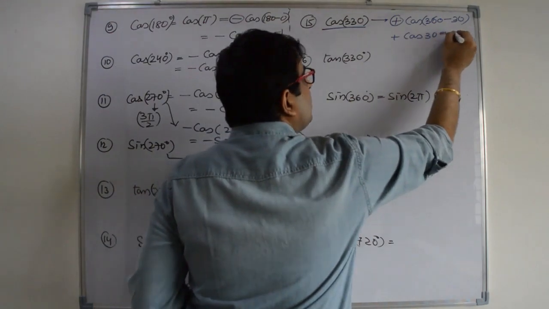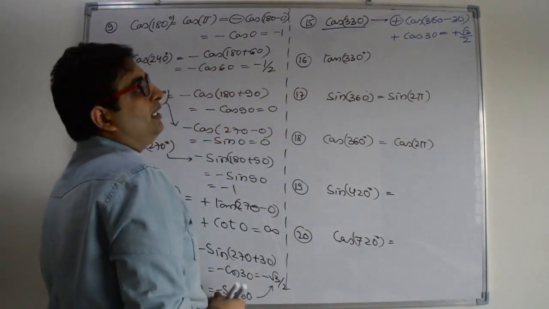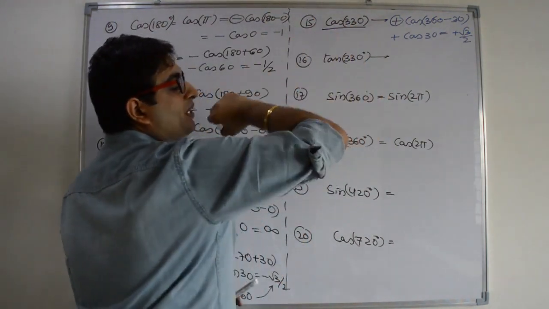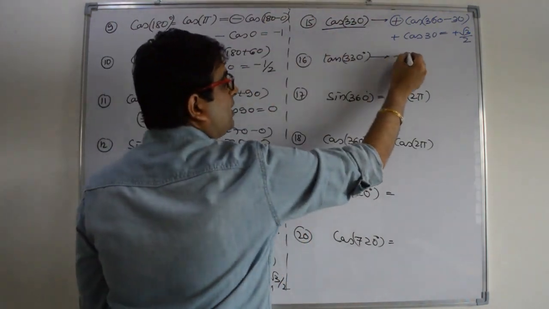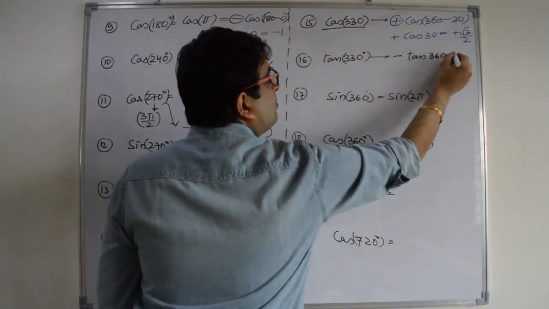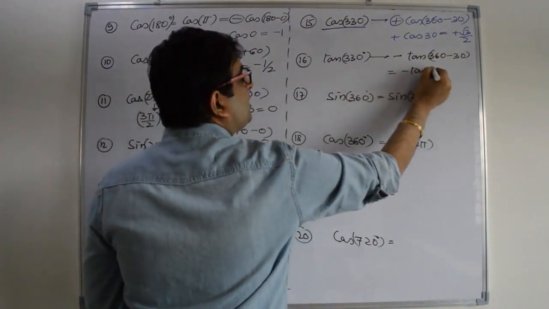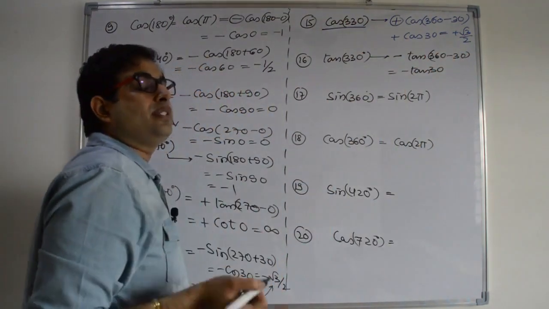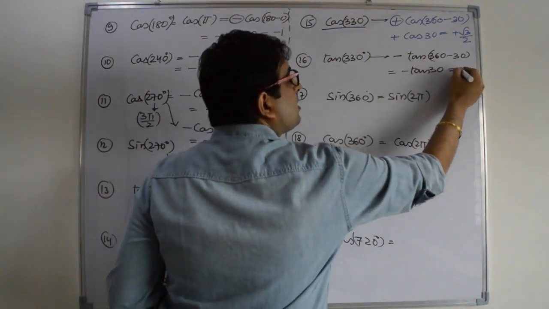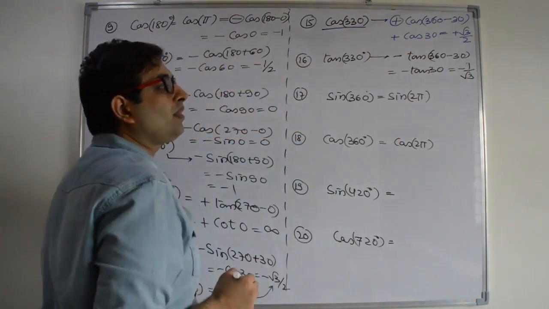Cos 30 is plus root 3 by 2. Right? Tan 330 again fourth quadrant, but in the fourth quadrant cos is positive, tan is negative. So tan of 360 minus 30 is equal to minus tan 30. Why? Because for 360, tan will remain tan. So it is minus 1 by root 3.